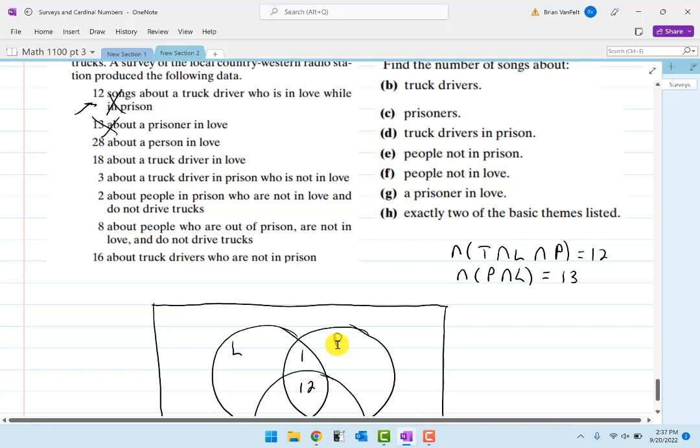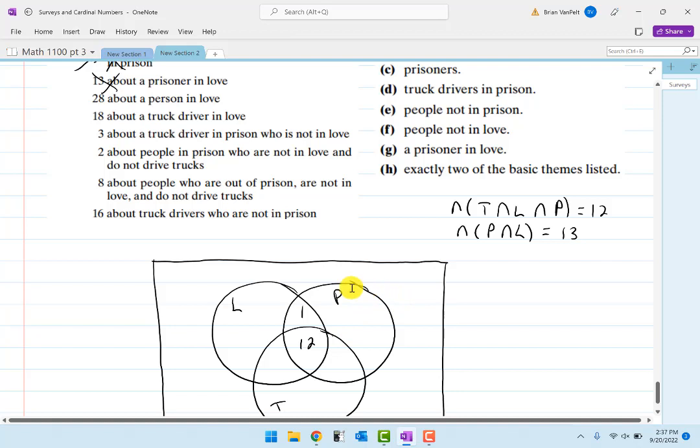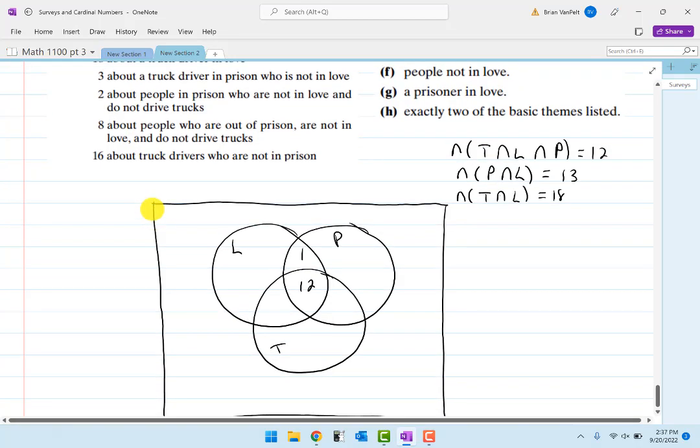Now this 28 about a person, that's just a person in love. That's this whole circle, which should be 28, but I don't know this spot just yet, so I'm going to hold off on that. How about 18 about a truck driver in love. The number of T intersected with L was 18.